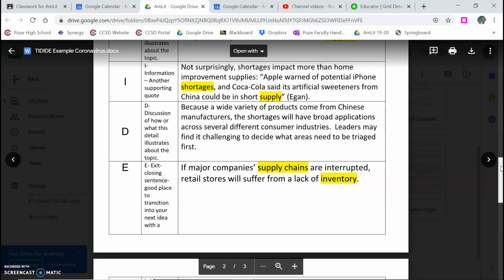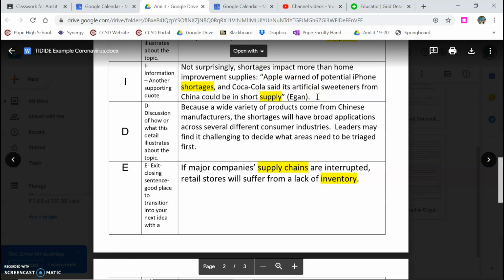After the first discussion, we move on to a second piece of information from our research that belongs in this sub-ripple. So I have another quotation, making sure I have a lead-in. All of your quotations should have lead-ins. Not surprisingly, shortages impact more than home improvement supplies.